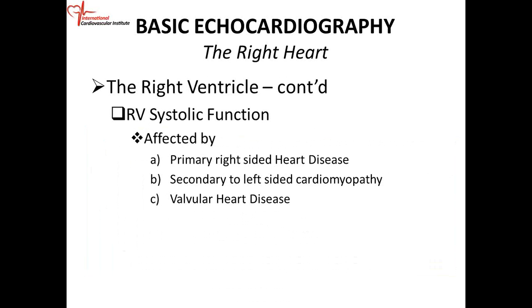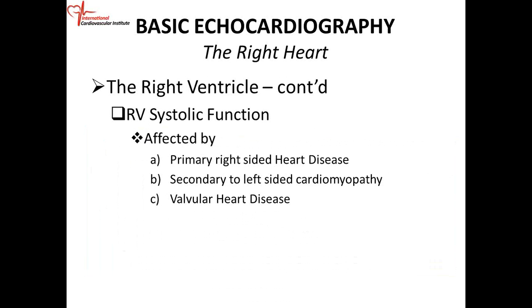Fibrofatty tissue cannot contract. Fat doesn't contract. And the right ventricle is going to be what we say arrhythmogenic. It's prone to developing ventricular tachycardia and ventricular fibrillation. Okay, so that would be a disease that affects primarily the right side of the heart.